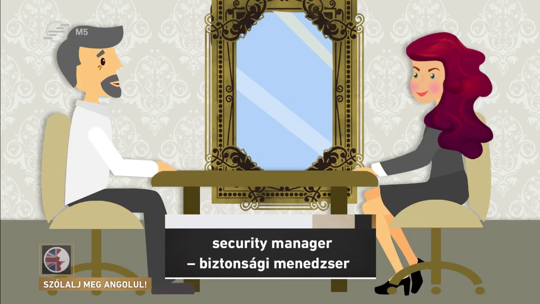So, what job do you think Loretta's applying for? Yes, I think you're right. Mr. Williams obviously needs a security manager at his hotel. Mr. Williams would like someone to organize and coordinate security at the hotel. He'd like someone to be in charge of security.